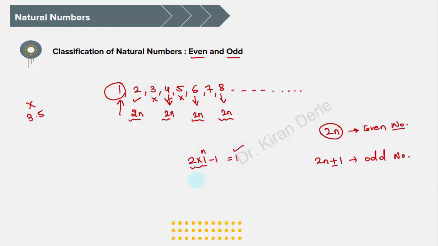I can write 3 as 2 into 2 minus 1, or I can write 3 also as 2 into 1 plus 1, right? 2n plus 1. So numbers of the form 2n plus or minus 1 are all odd numbers, while numbers of the form 2 into n or multiples of 2 are all even numbers. I hope you're understanding this point, right? Very easy and very important to understand, right?